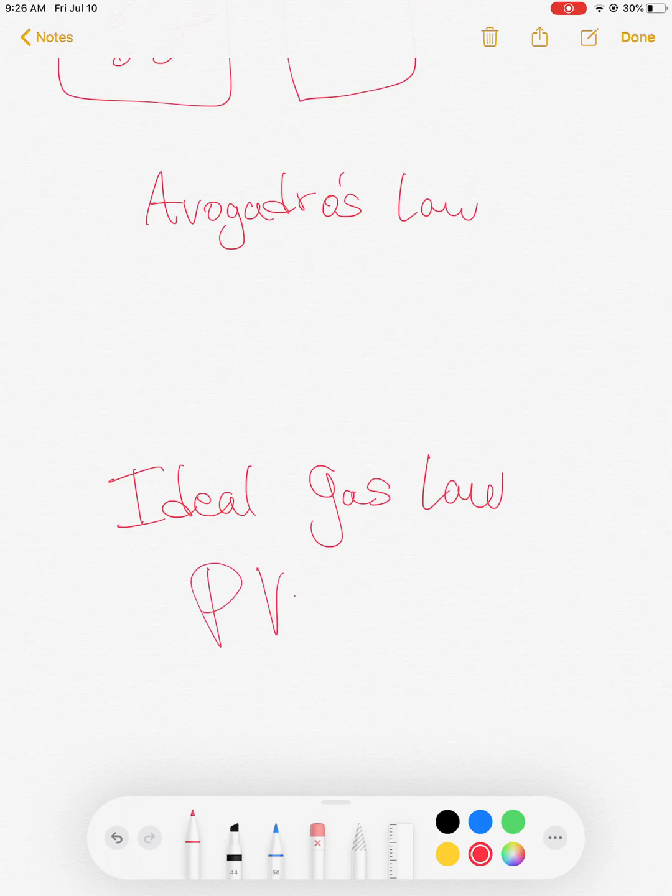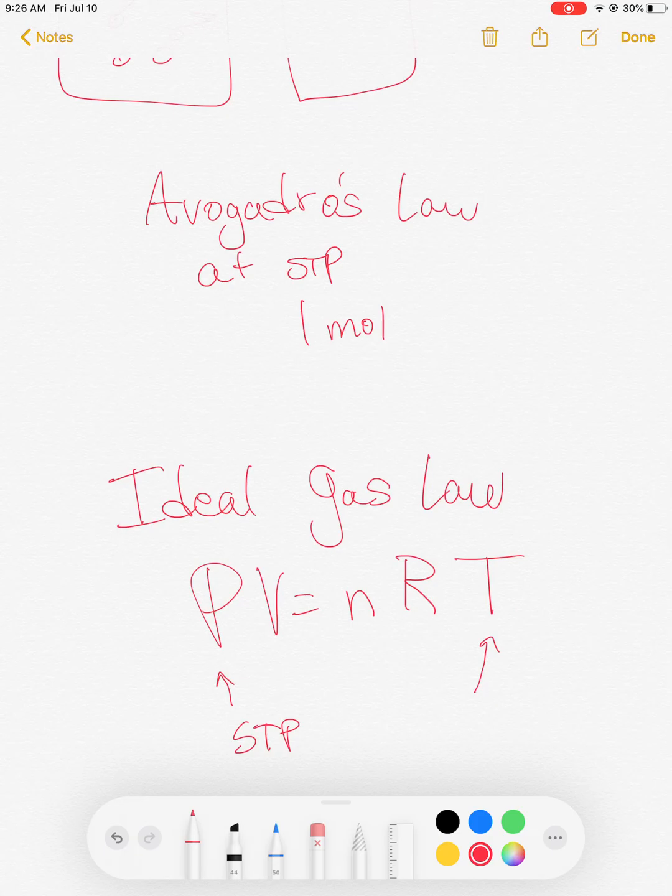But the ideal gas law says that pressure times volume equals the number of moles times a constant times the temperature in Kelvin. Now, if you have standard temperature and pressure, you can rearrange this equation to say that at STP, 1 mole of any gas. Remember, it doesn't matter what the gas is.